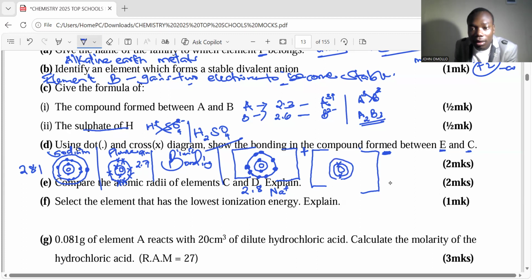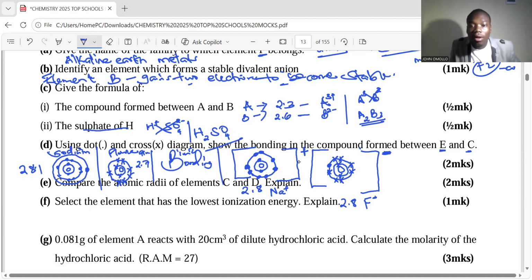The second energy level with 1, 2, 3, 4, 5, 6, 7, and the last 8 should be the one gained from sodium. And that is why I'm replacing the last one with a dot. Are you seeing? This is 2, 8. This is the fluorine ion.